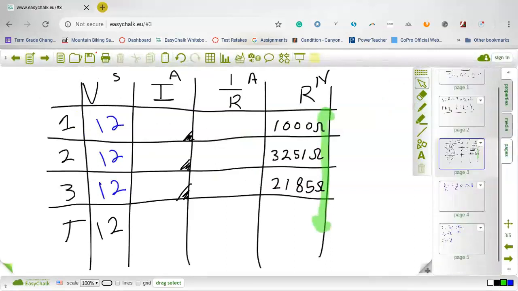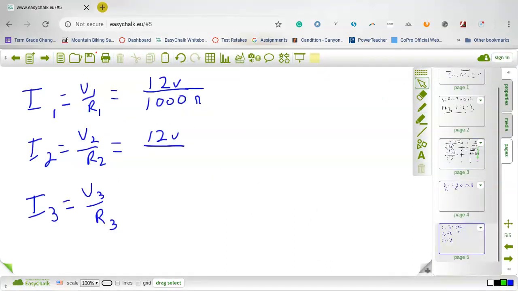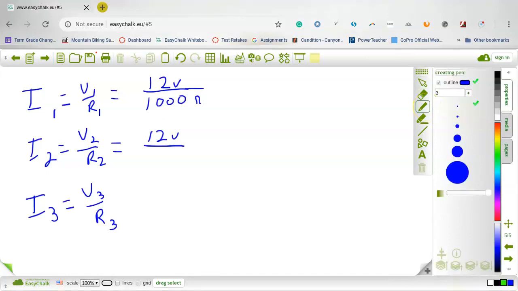Okay, so we got that. So 12 volts again over R2 is 3,251 ohms. I3, that's going to be again 12 volts over 2,785 ohms. So I think I've got those.